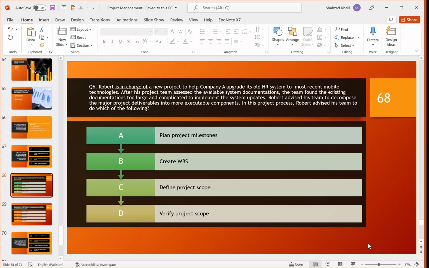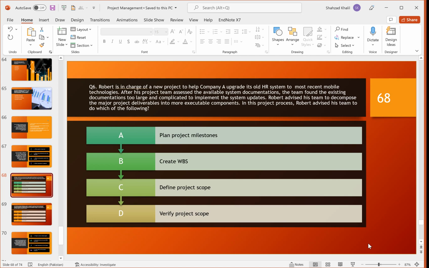Robert is in charge of a new project to help company A upgrade its old HR system to the most recent mobile technologies. After his project team assessed the available system documentation, the team found the existing documentation too large and complicated to implement the system updates. Robert advised his team to decompose the major project deliverables into more executable components.